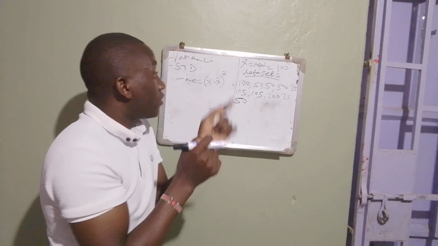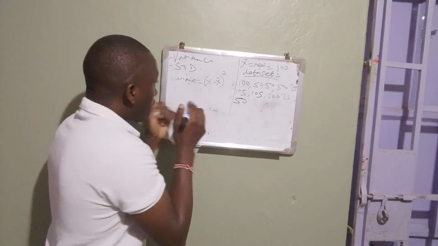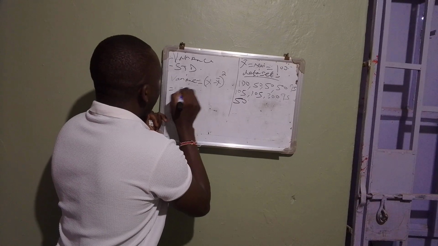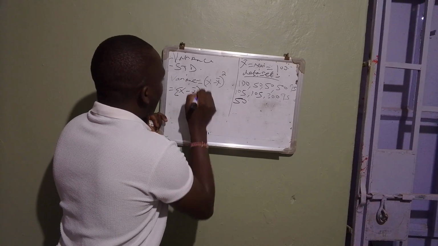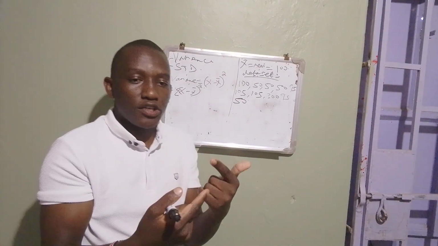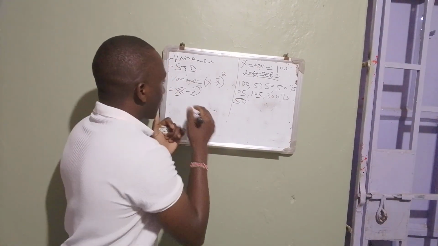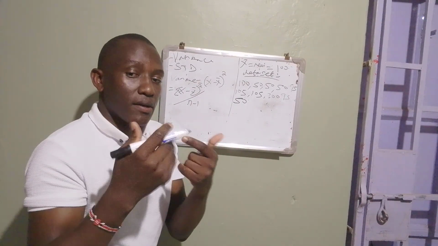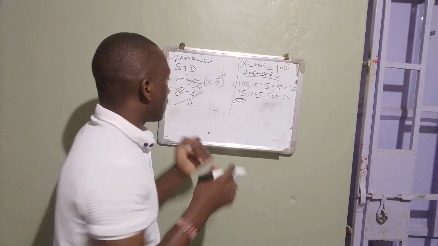For all of them, it is the summation of x minus x bar, then squared. Then you divide by n minus 1 because it's a sample population.